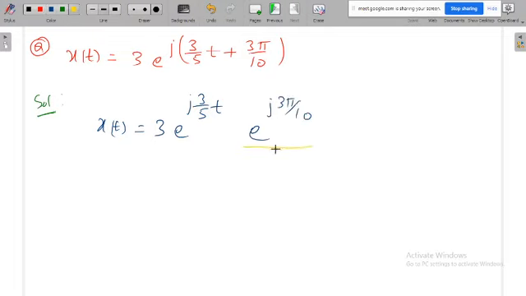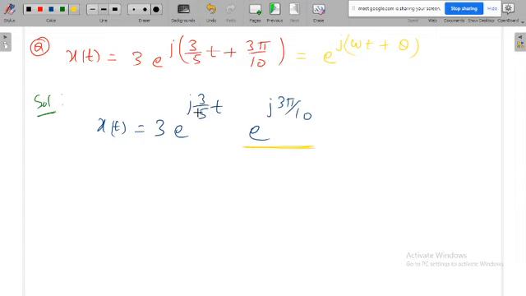This term is purely a phase term. There is no time variable, it is like e power j theta. Whenever the signal is given like e power j (omega t plus theta), this is the phase term, and this is the term where the frequency is there.